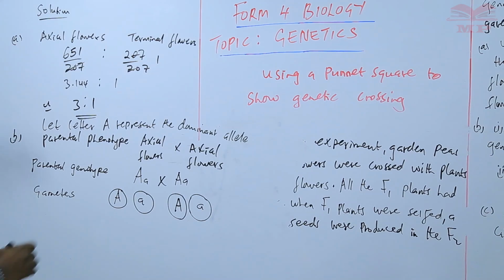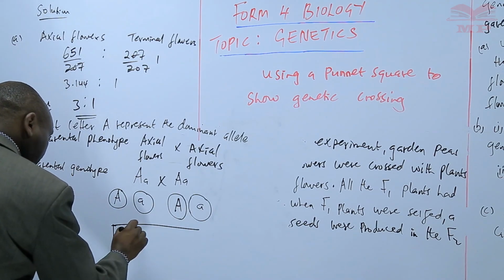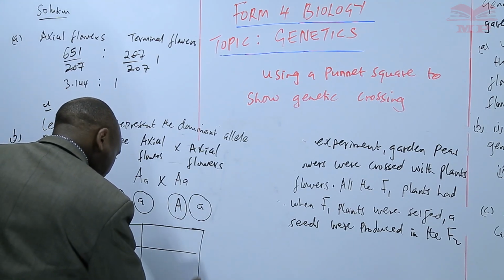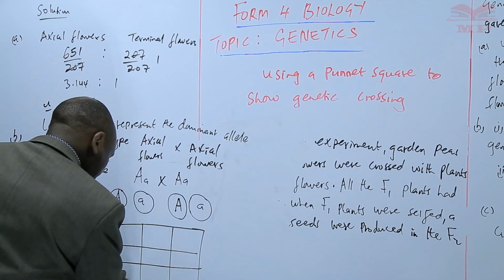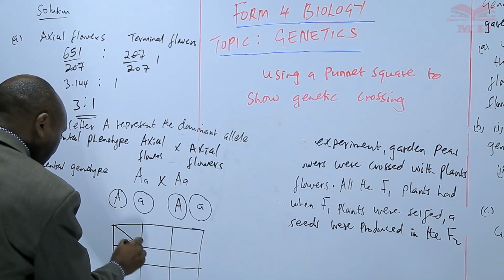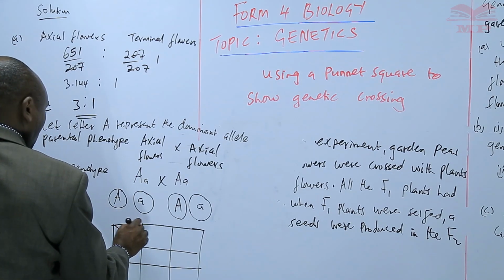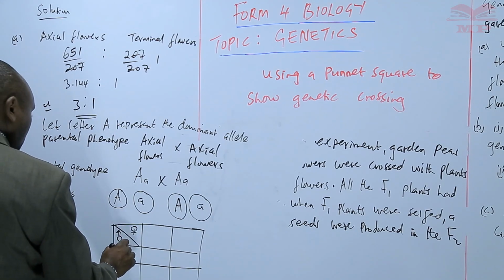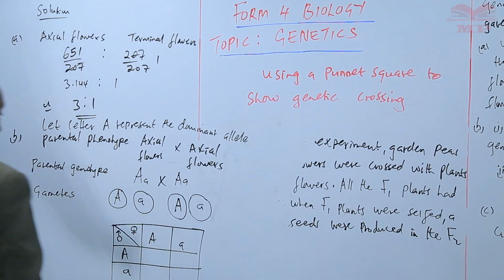Then from here we draw a Punnett square. So assuming one was male, the other one was female. So this is that, and the other one was that.